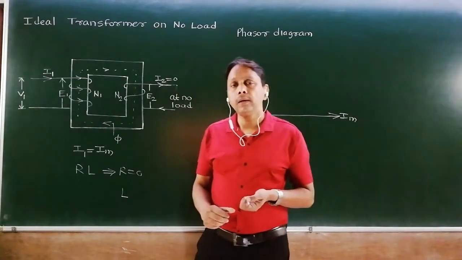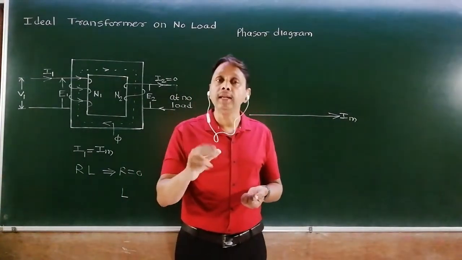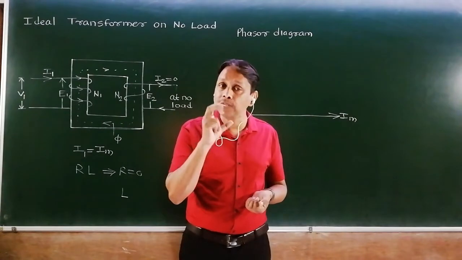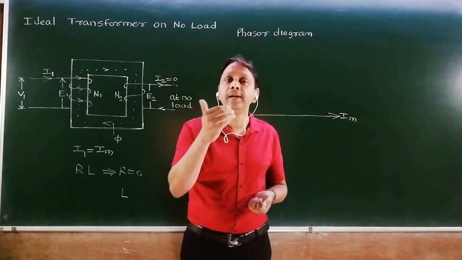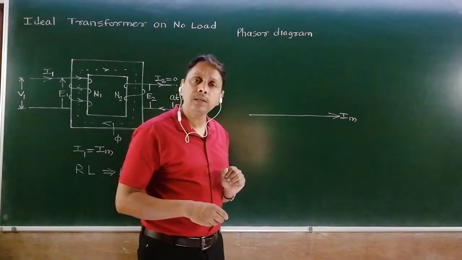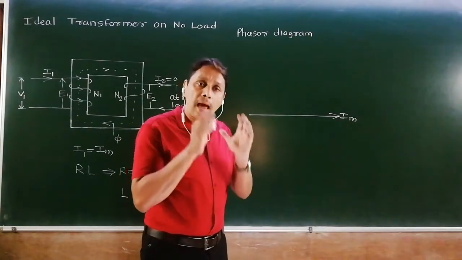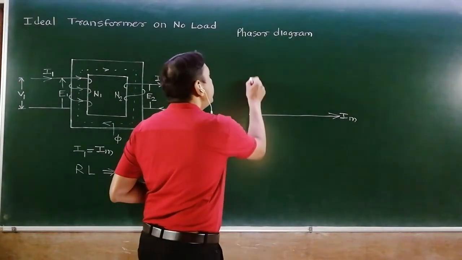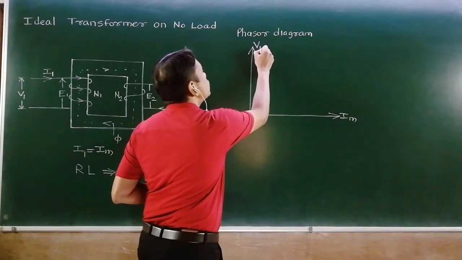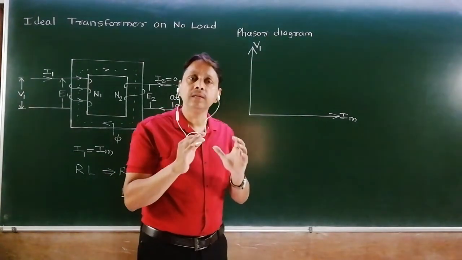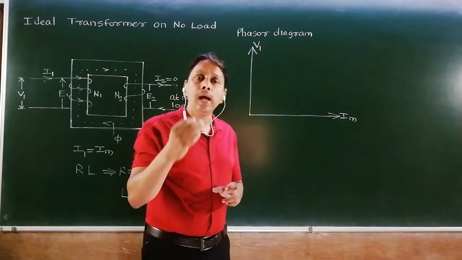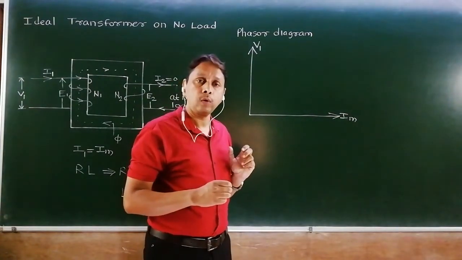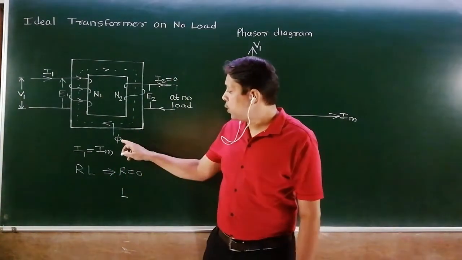The circuit is pure L, and in a pure inductive circuit the current lags the voltage by 90 degrees. Since the lagging current itself is the reference, the voltage leads by 90 degrees. That is why I show V1 at 90 degrees.